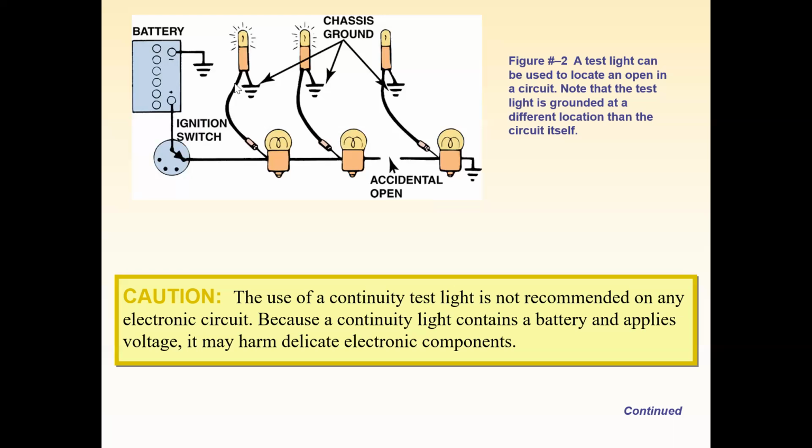So here we are using this test lamp. The test lamp is connected to the source of each load, and we find that it is working. So there is continuity between the battery and load number 1.